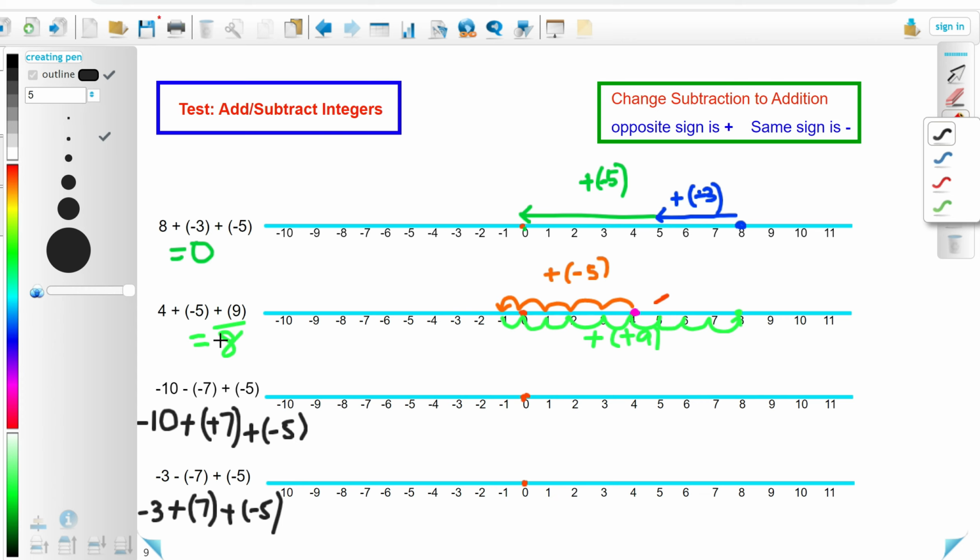The first step is to locate minus 10, which is right there, and then add 7 to it. Adding 7 really means 1, 2, 3, 4, 5, 6, 7 units to the right. We have done this part, and now we'll subtract 5, so add minus 5.